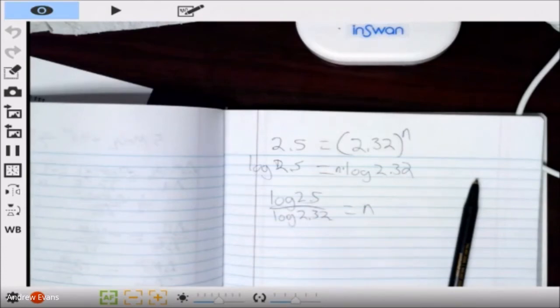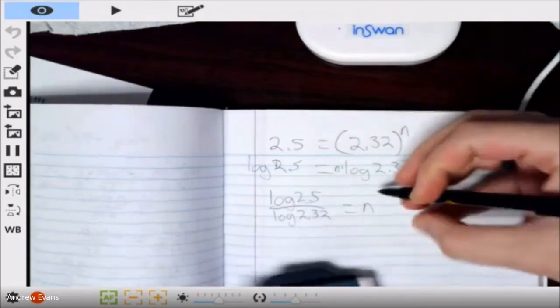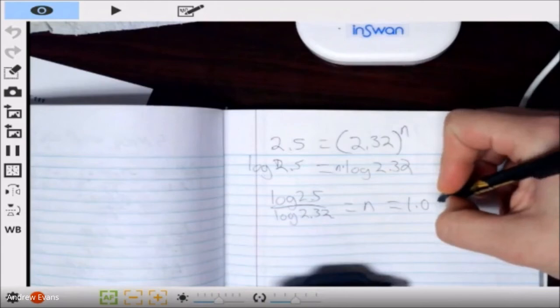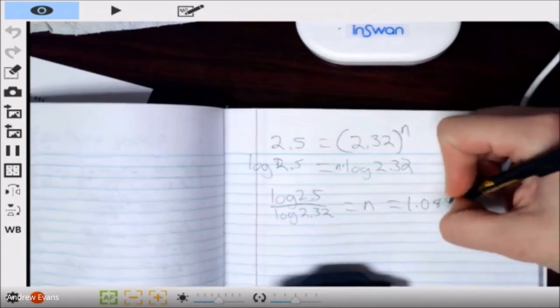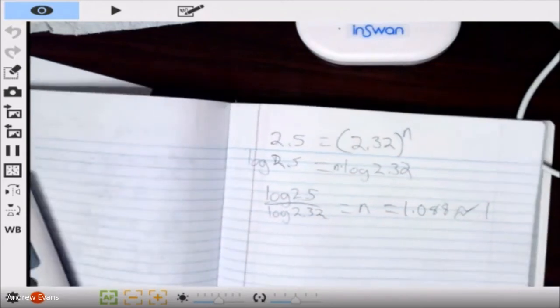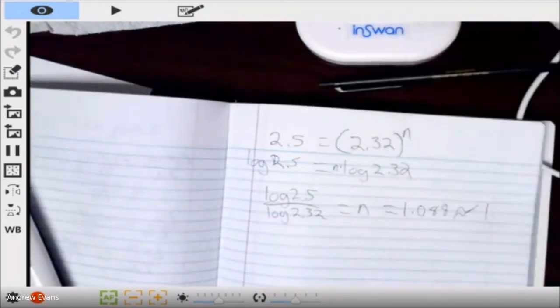Log 2.5 over log 2.32, my n is essentially 1.088, which is approximately 1. So it's still there, but that's how we take care of it if it's not so easy that you can see it right away.